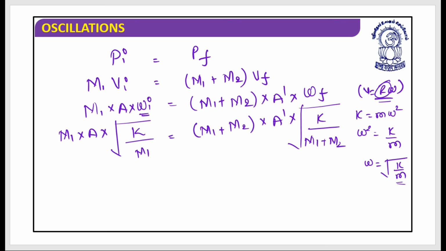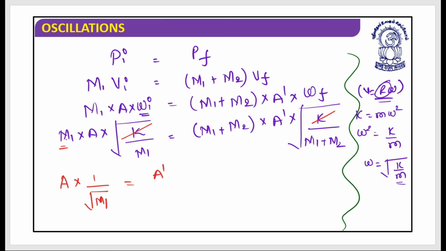So if this is the situation, what I need to do is this: this is m1, this is m1. If I solve this, it is a multiplied by 1 by root of m1. This k and this k would be cancelled out. That is equal to a dash, this is m1 plus m2, this is square root of m1 plus m2.